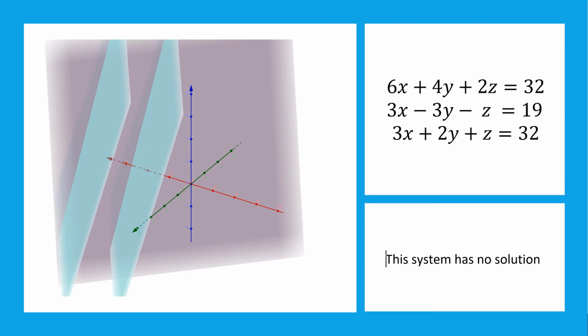When we graph these 3 planes, it looks like 2 of them are parallel, and we have another one which intersects the other 2, but we do not have anything common for all 3 together. So this system has no solution.